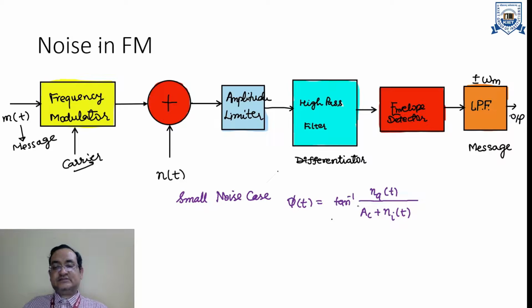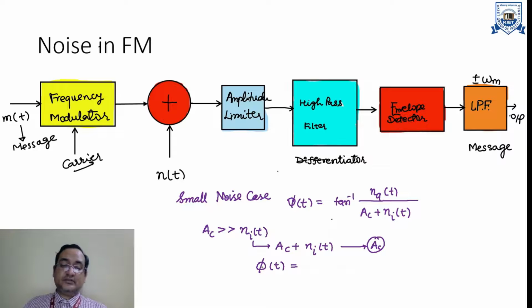When Ac is much greater than n_i(t), I can approximate Ac plus n_i(t) as Ac. Mistakenly I had also used this symbol for FM, but for FM representation I am using phi_FM(t), so don't be confused; here this is a different angle, phi(t). So phi(t) will now be tan inverse of n_q(t) divided by Ac.